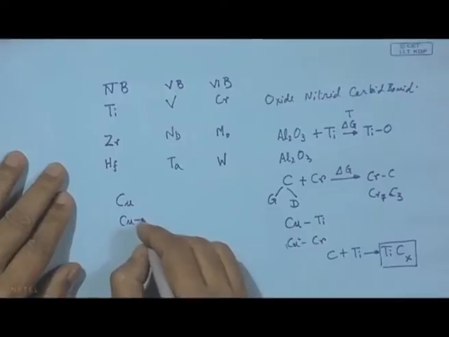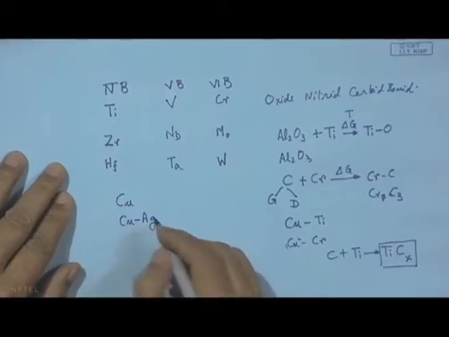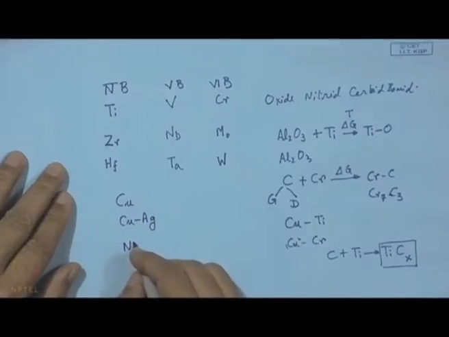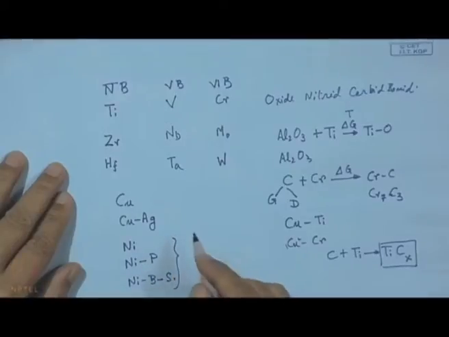It can be copper, silver also. In the nickel family it can be nickel, in the nickel-phosphorus system, or nickel, boron and silicon.